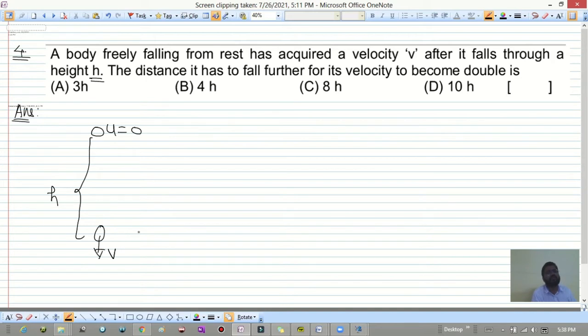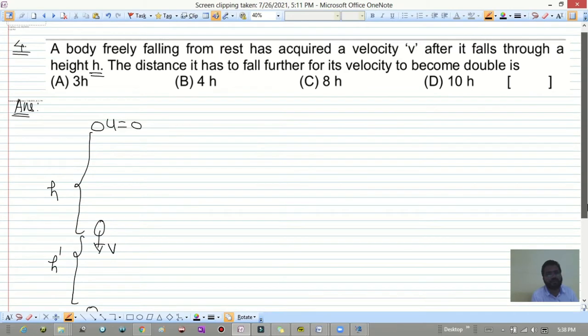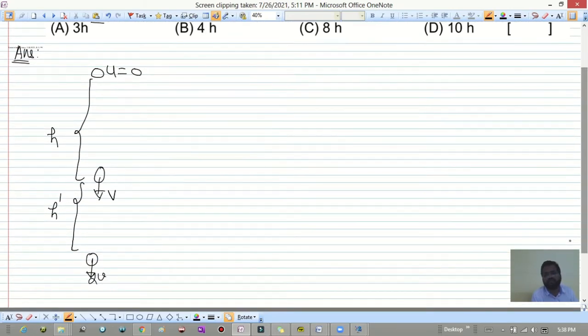After it falls through a height h, the distance it has to fall further for its velocity to become double. Now, what distance does it have to travel? It has to travel h dash for its velocity to be 2v.